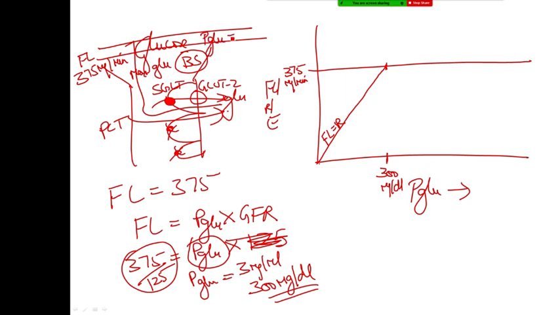When your plasma glucose hit 200 milligrams per deciliter, that's when the carriers got saturated. So in reality, as soon as the plasma glucose reaches 200 milligrams per deciliter, when the filtered load is much below 375, that's when your reabsorption will stop.